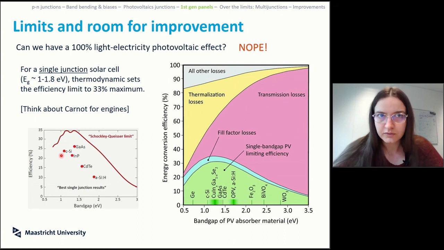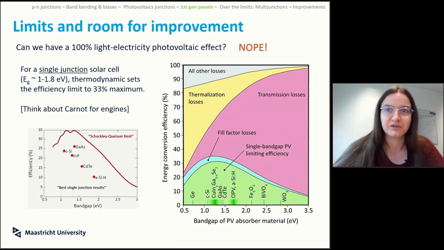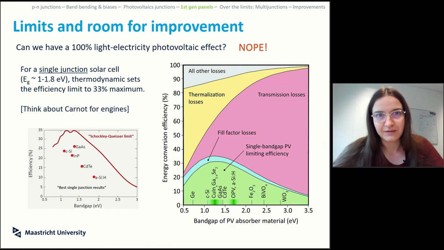And what do you do to push the limit? Because God forbid we don't try to push past a limit of efficiency of something that we want to work better. So this will be the next and final part of the lecture about overcoming limitations and higher efficiency solar cells.